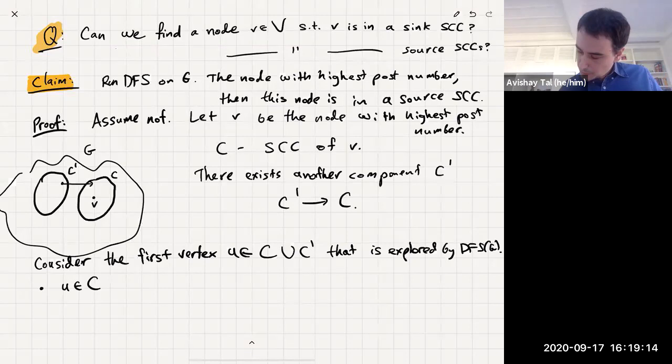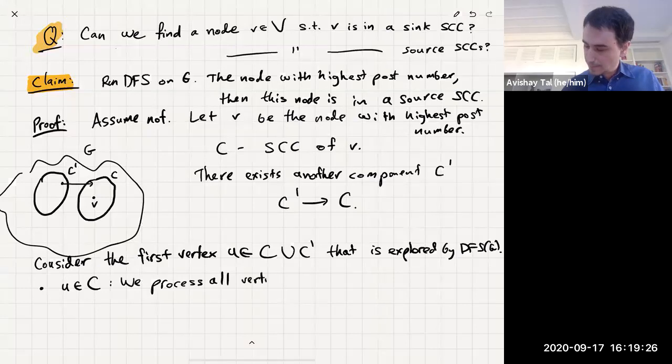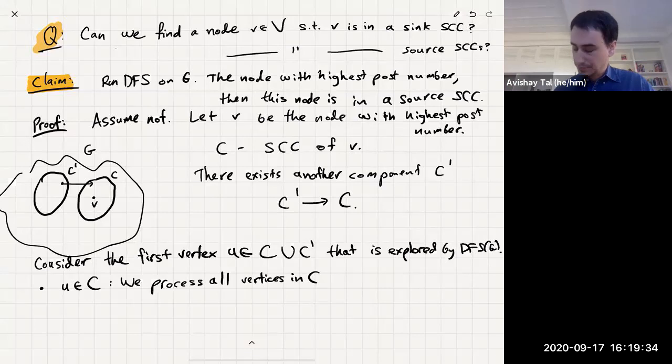So in this case, we would process all the vertices in C, okay? And then we're gonna backtrack, and we're gonna pop them from the stack.